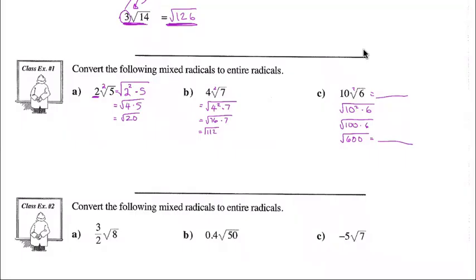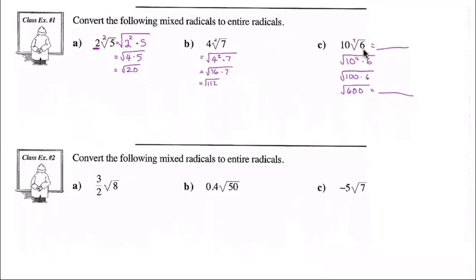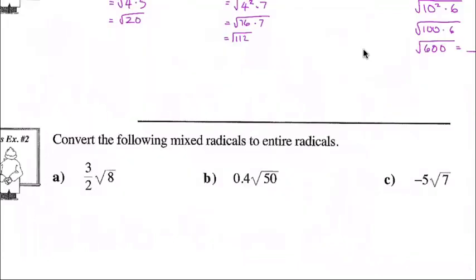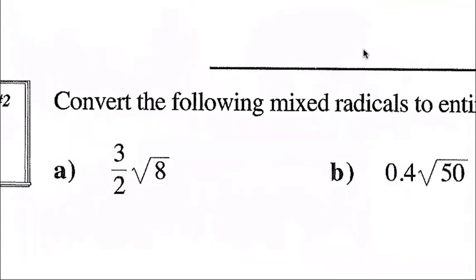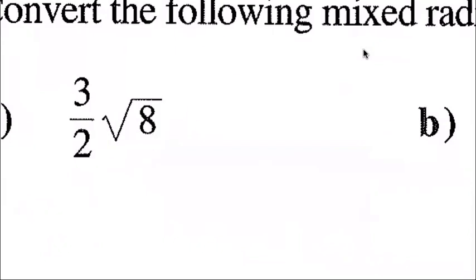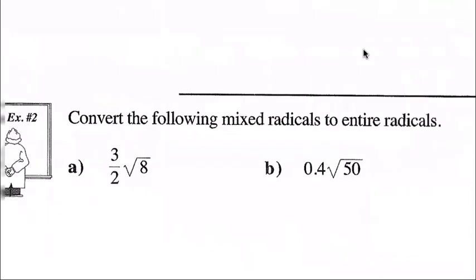So now we just start to get a little bit more complicated, that's all. This is 3 over 2 square root 8. Convert the following mixed radicals to entire radicals. If I'm putting this back in, remember this was a square root, so back inside is going to be 3 over 2 squared times 8.